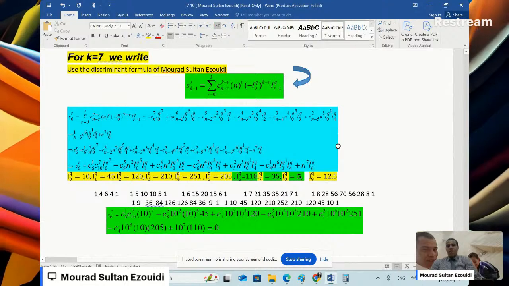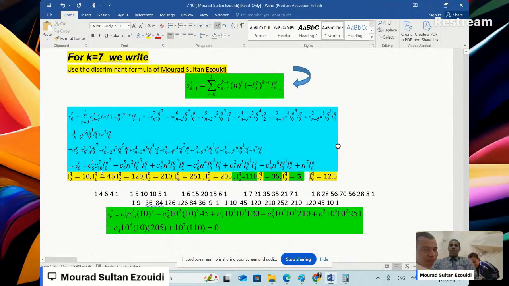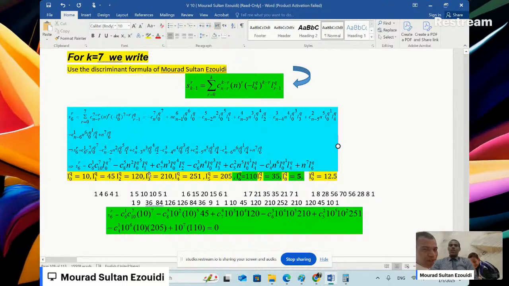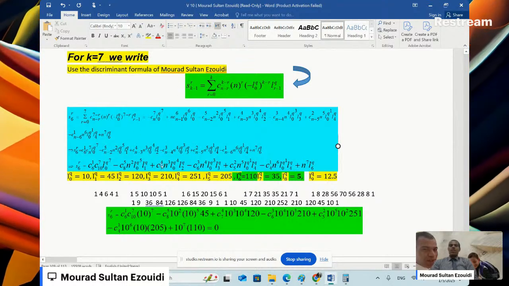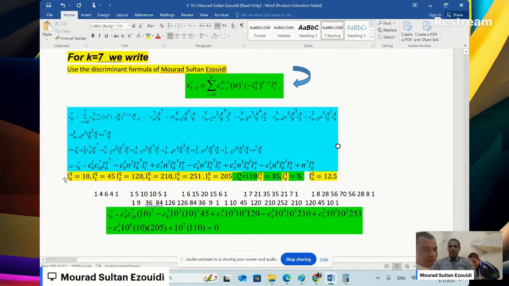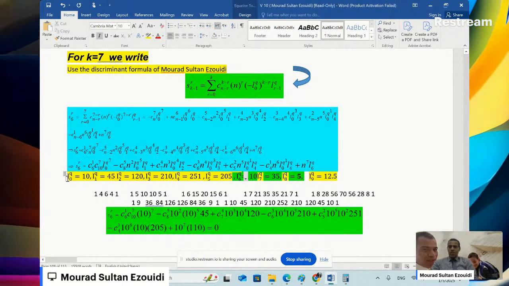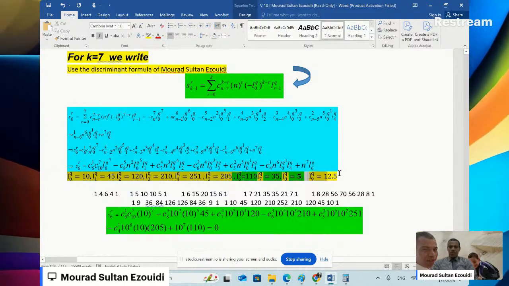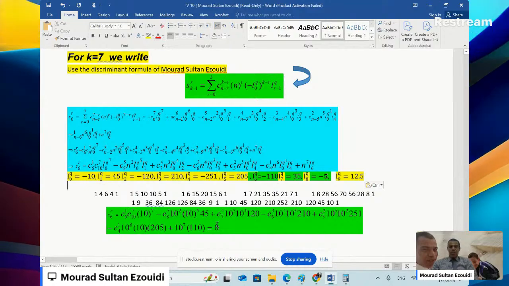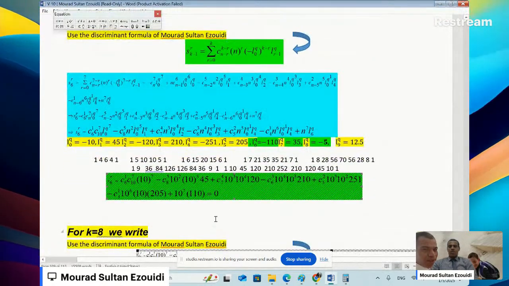We proceed, we continue. For k equals 7, I'm going to find S6. Put k equals 7 in the decimal formula, then try to write it in its simplest form like I did. Now we change the coefficient. As I change this, this one also has to be changed.